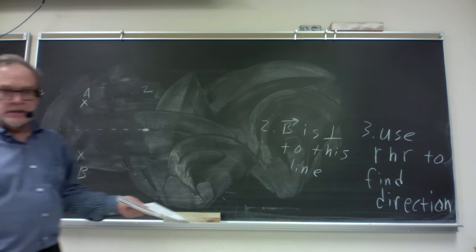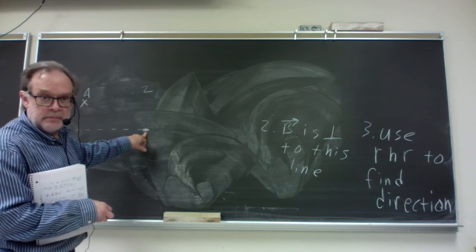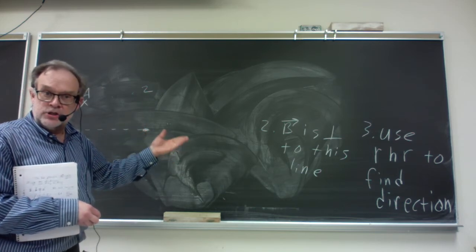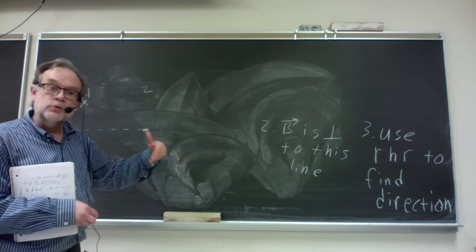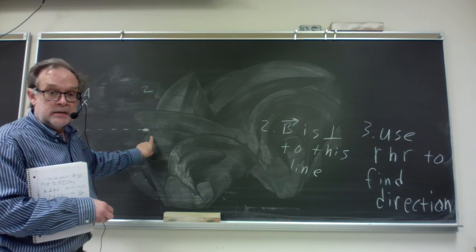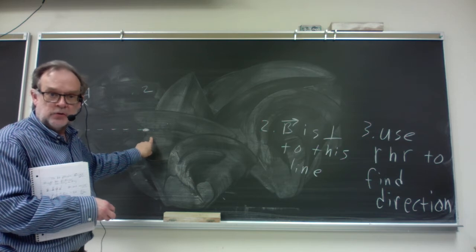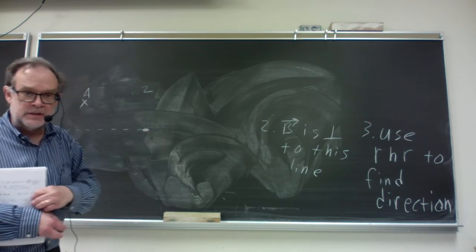So we're keeping it simple. This point has an equal distance from A and B, and the current A is equally strong with the current B, which means the magnitude of A's magnetic field here will be the same as the magnitude of B's magnetic field right here, just to keep it simple.